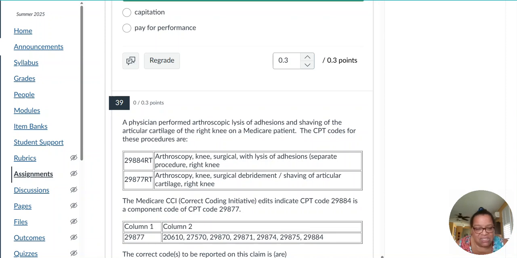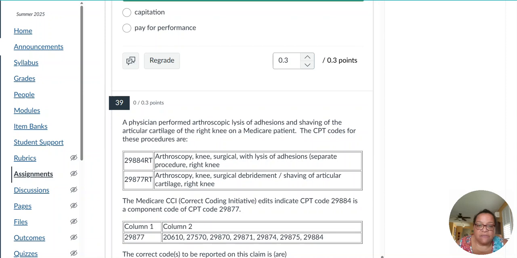That's an important piece of that code definition. And 29877, RT, arthroscopic knee surgical debridement / shaving of articular cartilage right knee. So there's two competing concepts. Both of them are concepts of CPT, the coding system. The one concept, however, is more important than the other.